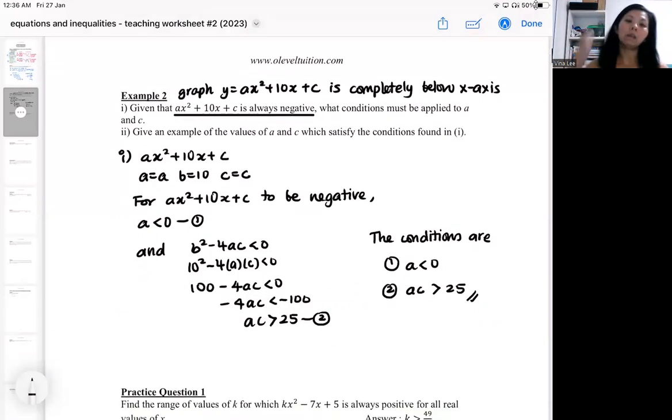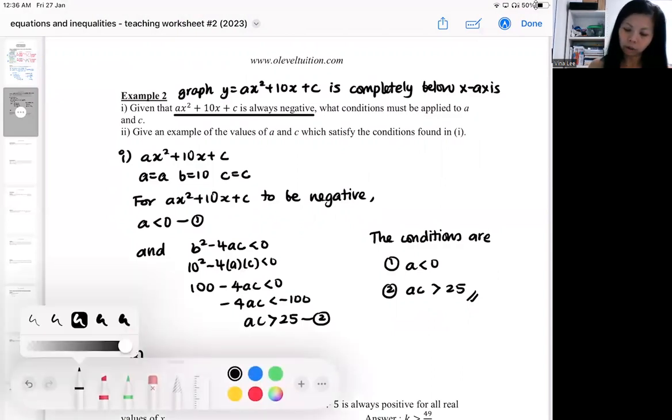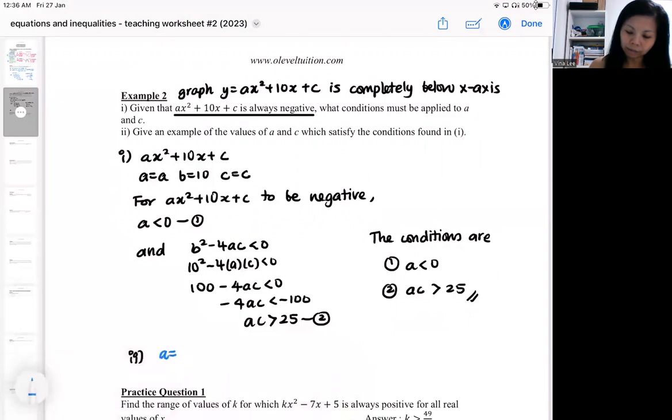So usually, for the second part, they will ask you to give a numerical value. A lot of people couldn't give a numerical value correctly. So what is the implication of the condition? A must be negative. Well, you can choose any negative number.